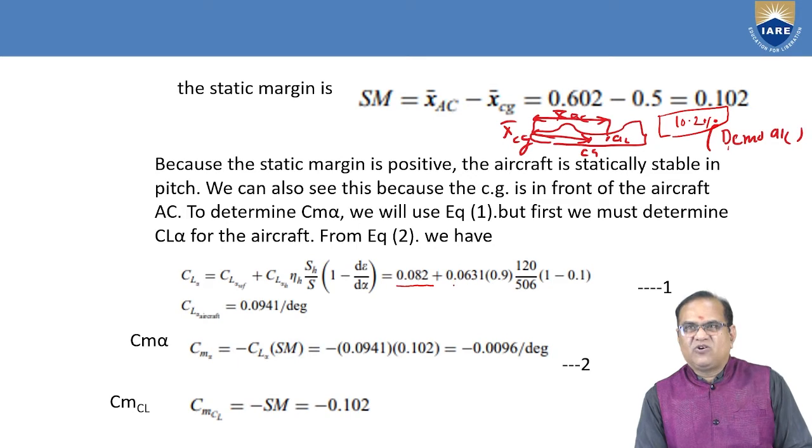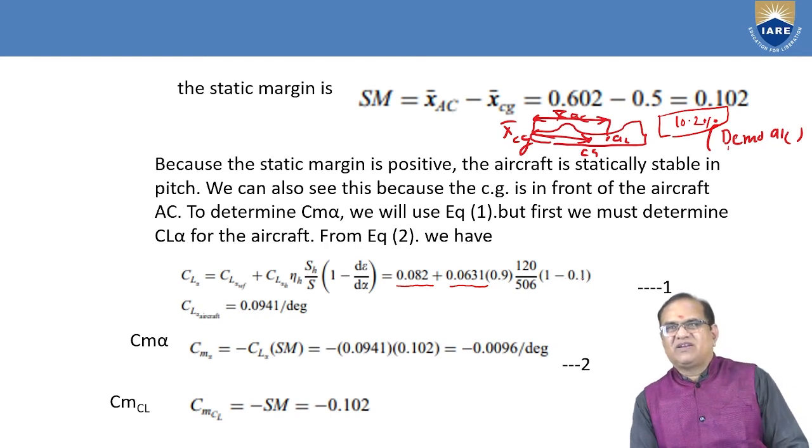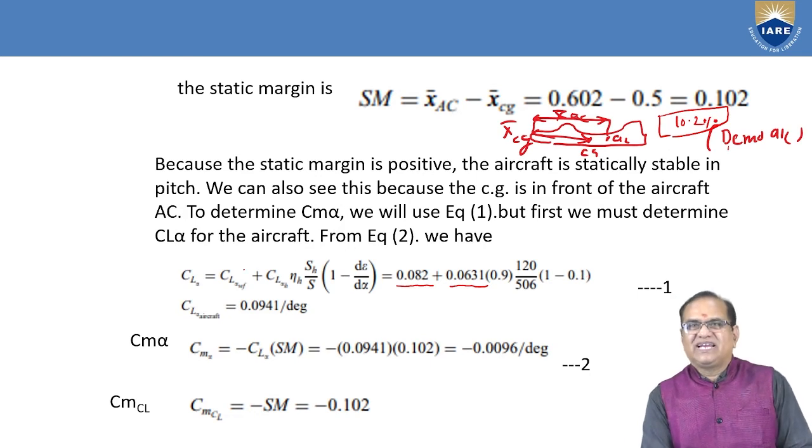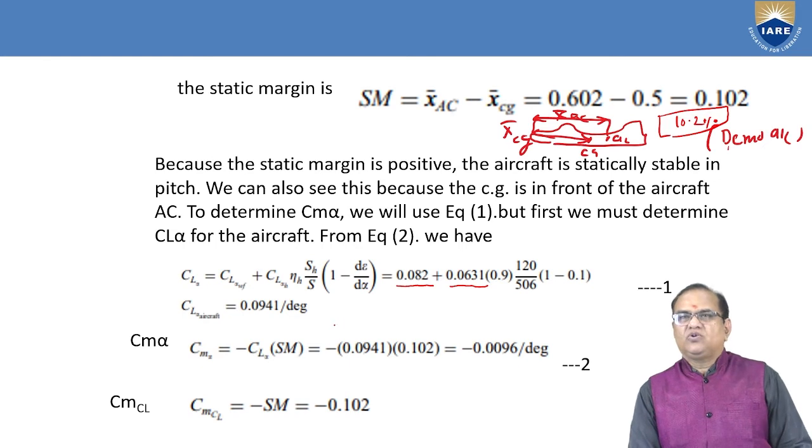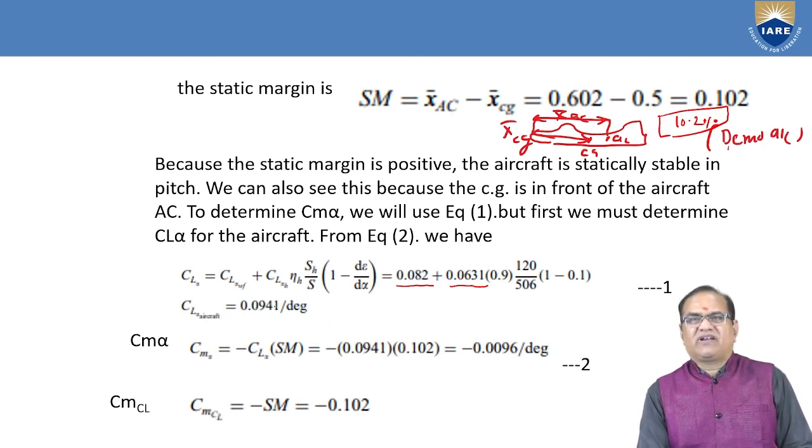CL alpha H, we have found out 0.0631. Eta is given 0.9. Area of the horizontal tail is 120 divided by 506, area of the wing, 1 minus d epsilon by d alpha. And we got here that CL alpha of the whole aircraft is 0.0941 per degree.